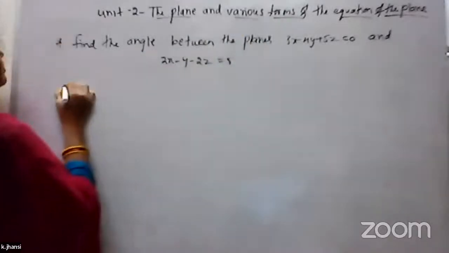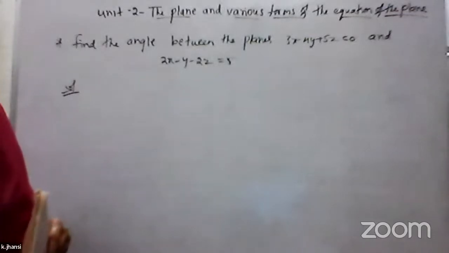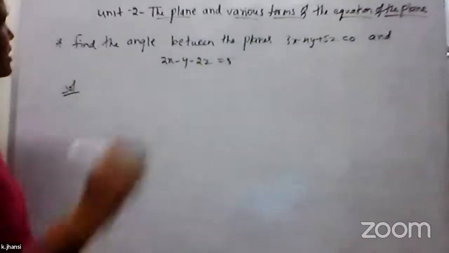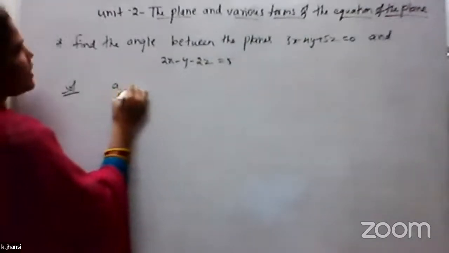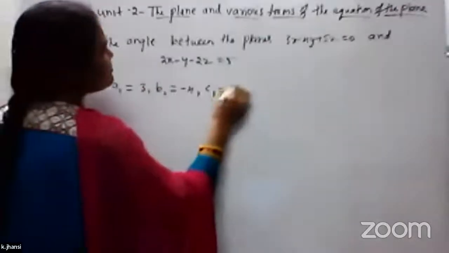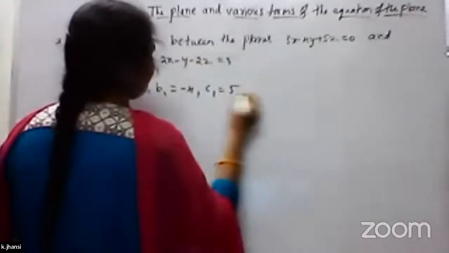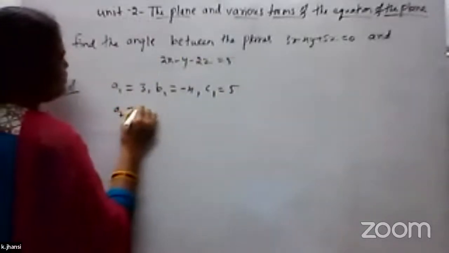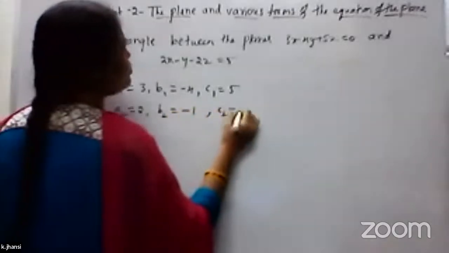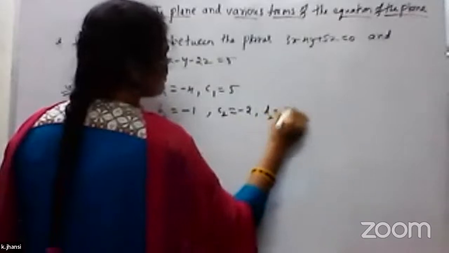Okay, so in the solution, what are the a1, b1, c1 values here? The d1 value we are not having here, and from the second plane we have a2 equals 2, b2 equals minus 1 and c2 equals minus 2, and actually d2 is equal to 5.